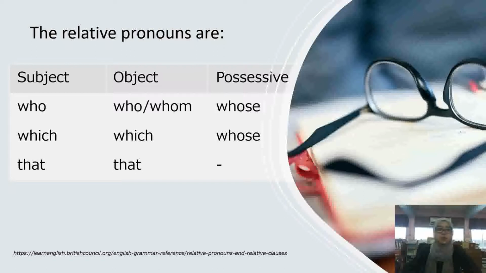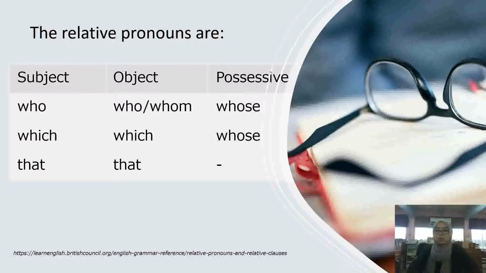Number two, we use which for things like house, wood, and so on. And the next one is the word that. The word that can also be used for people or things.